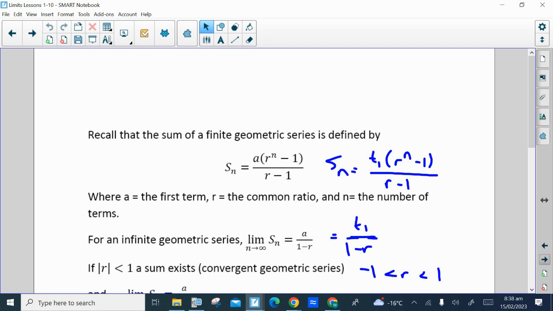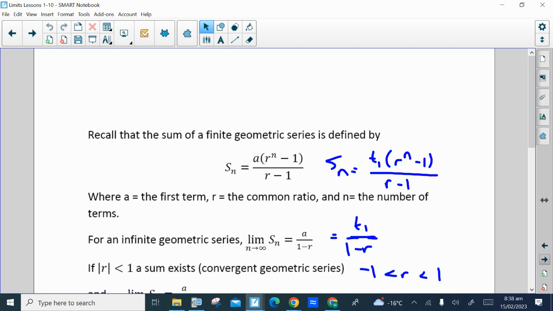In a geometric series, each term is found by multiplying the preceding term by a constant, as opposed to an arithmetic series where you add the same constant to each term to go from one to the next. Right now we're talking about geometric series where there's what's known as a common ratio. Each term is multiplied by a constant to go from one term to the next. That's what the common ratio r is, and n is the number of terms.